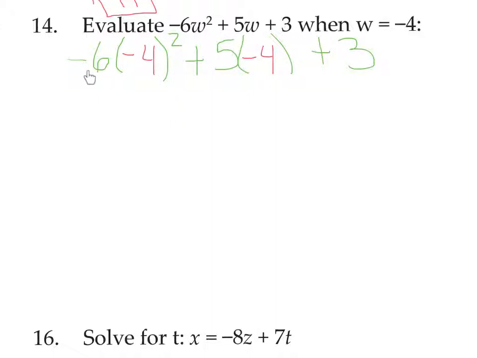So here we need to do this exponent before we do the multiply. So this is negative 4 times negative 4, which makes positive 16. We still have a negative 6 out here.